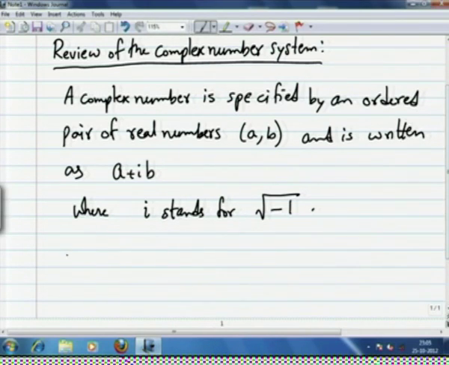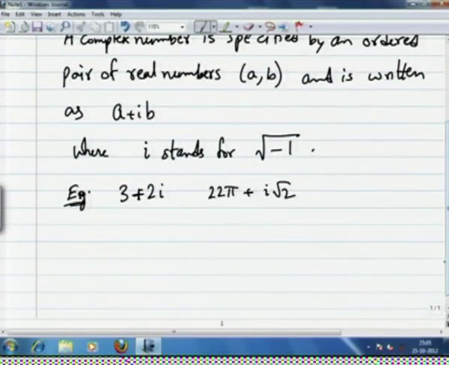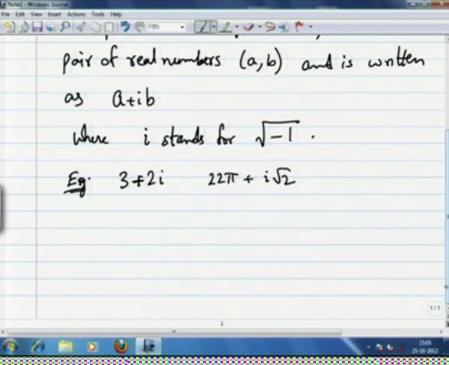So, we can readily take any example like that. 3 plus 2 I is a complex number, and 22 pi plus I root 2 is also a complex number. Okay. So, such things we will call as complex numbers.